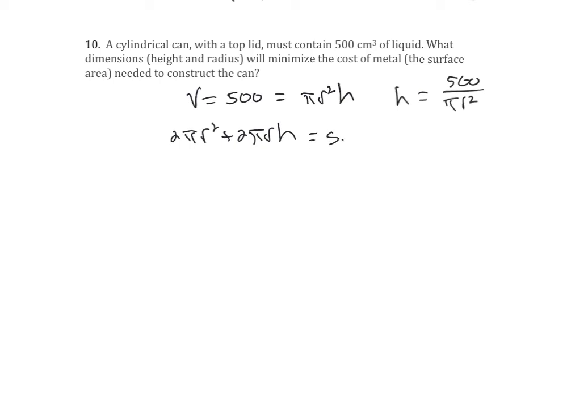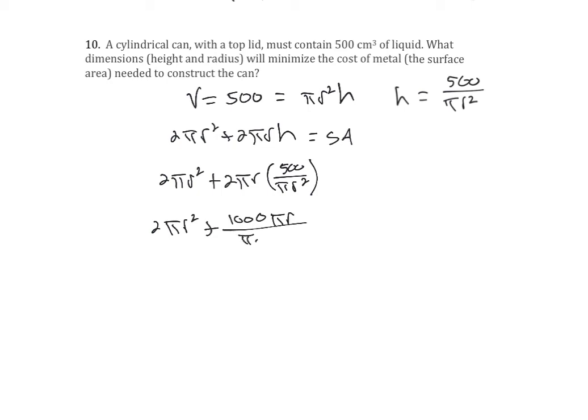Substituting that into the surface area formula, we get 2 pi r squared plus 2 pi r times 500 over pi r squared. And that gives us 2 pi r squared plus 1,000 pi r over pi r squared.